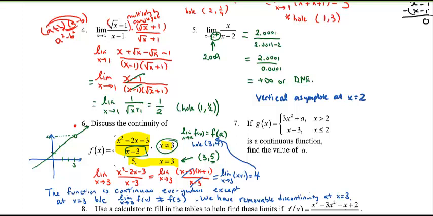Okay, number 7. This time I told you that this function g is continuous. And it's continuous everywhere. If I don't say everywhere, it's just as continuous everywhere. But the question is, what's the value of a to make this continuous everywhere? So in essence, if you think about this, we have a parabola, and we have a line.